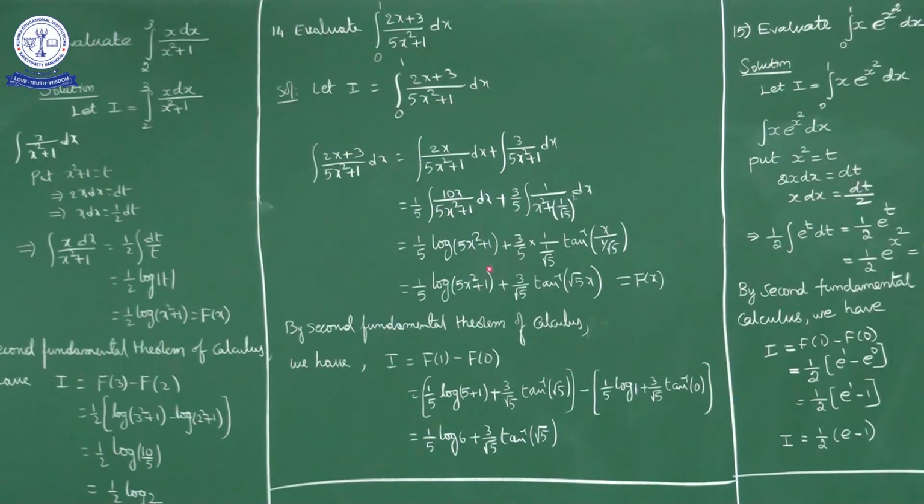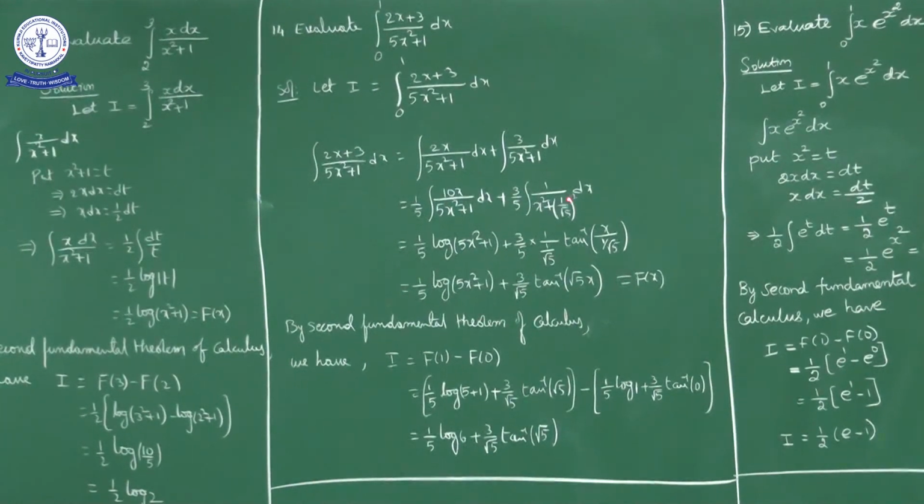Okay. Plus now the second part, numerator 3 constant I'll write outside, in the denominator 5x square plus 1, this 5 in the denominator I'll take common, so we will get 3 by 5 into integral 1 by x square plus 1 by 5, x square plus 1 by 5 I'll write as 1 by root 5 whole square.